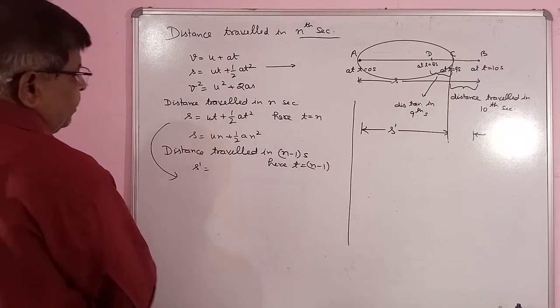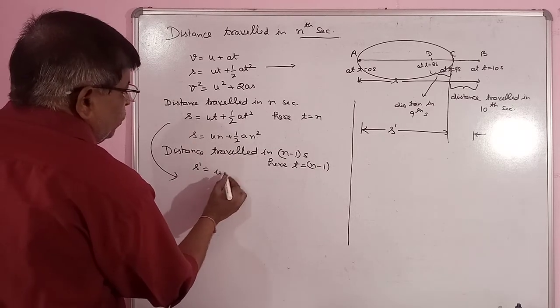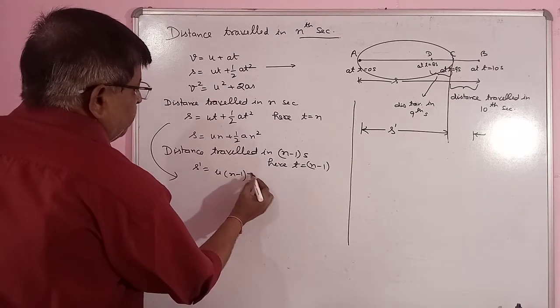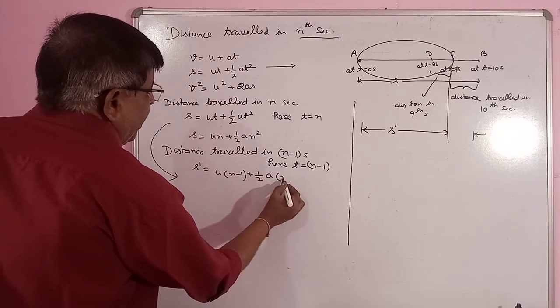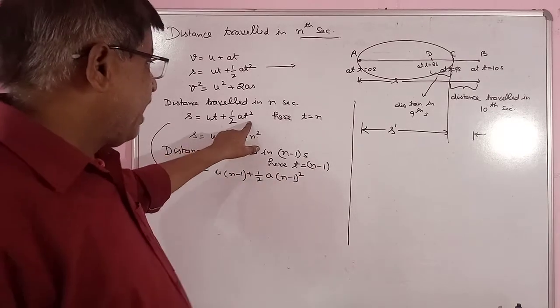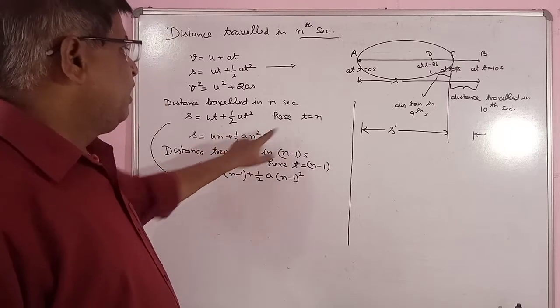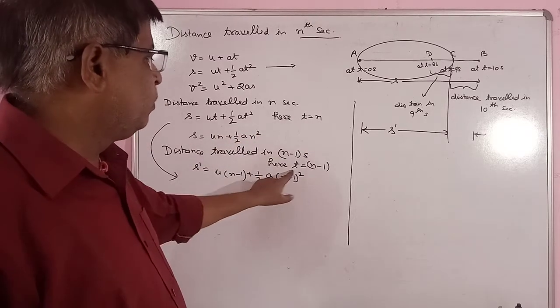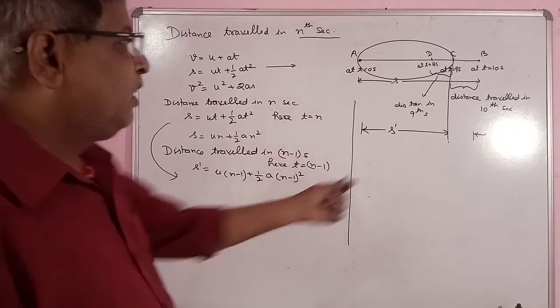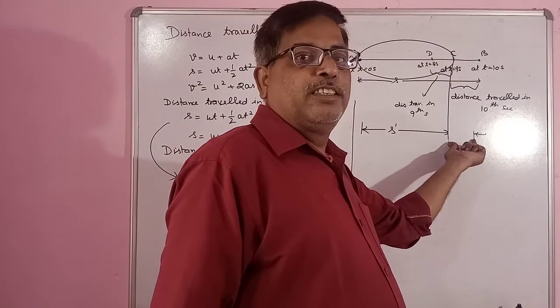So from this equation s dash equal to u into n minus 1 plus half a into n minus 1 whole square. We use t equal to n seconds for the total, and here we use t equal to n minus 1.